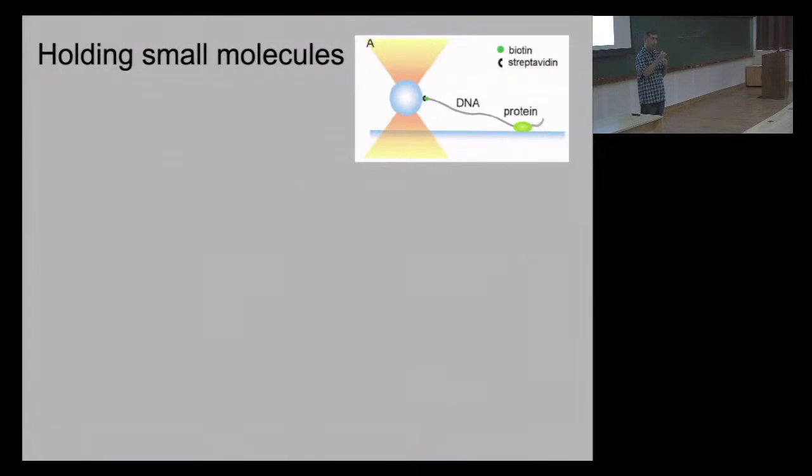If it is too small, then the gradient across that object will be too little. If it is too large, then the thermal forces will be too large. So you have to be in a certain size range. Typically 1 micron works very nicely.